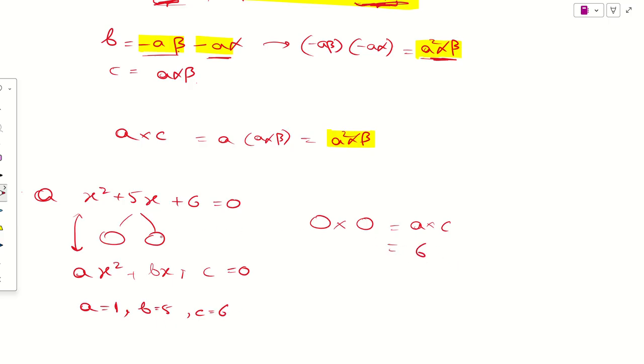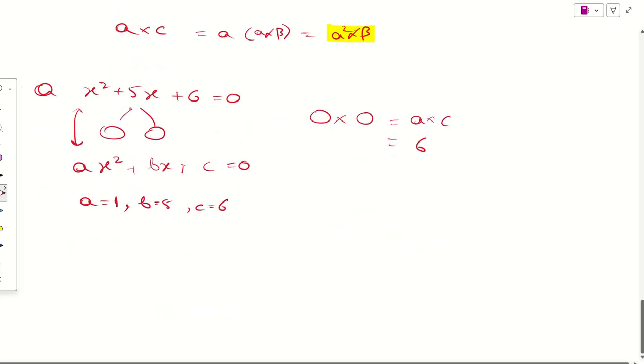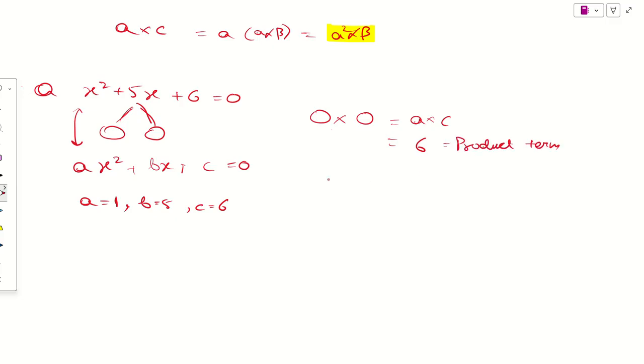Now, how can you form the middle term by these two numbers? We have to break the middle term into two numbers, and the multiplication of those two numbers gives you this product term, and the addition of those two numbers gives you this middle term. So how can you find these two numbers?